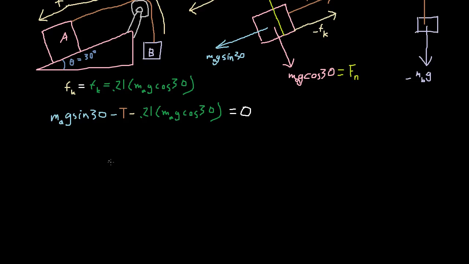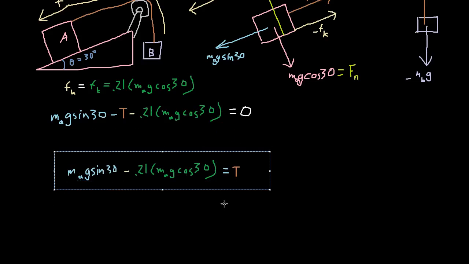Now we add this to each side. We get mass of A times g times sine of 30 is equal to T plus 0.21 times the normal force. Actually, let's not add T. Let's keep it there. I'm only going to solve for T and see what happens.